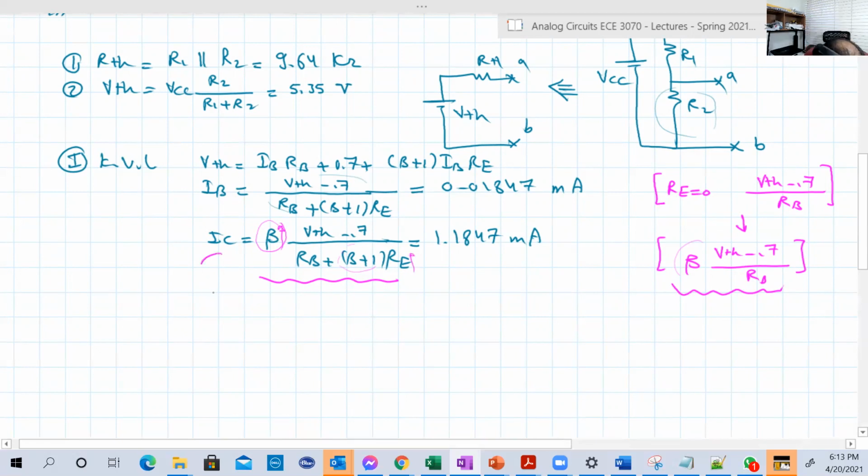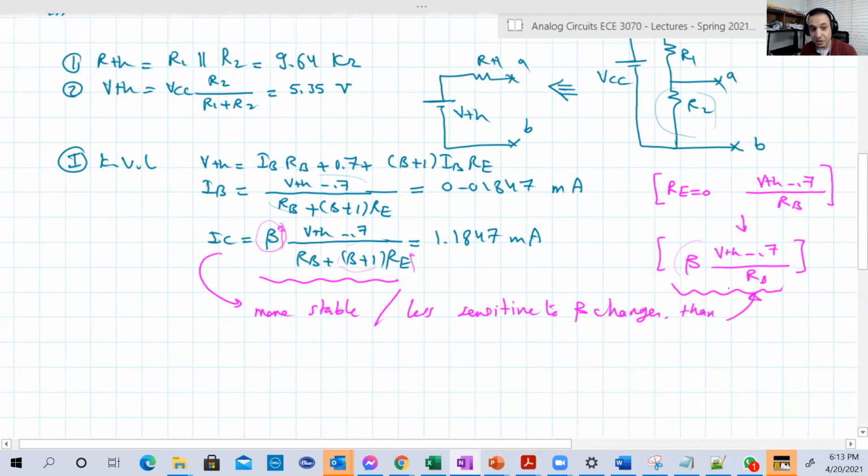That's why this is more stable, or we can say less sensitive to beta changes than this expression if there is no RE. That's why RE is beneficial in DC and AC.